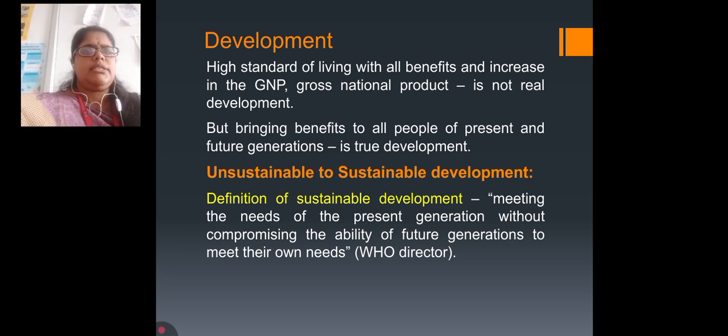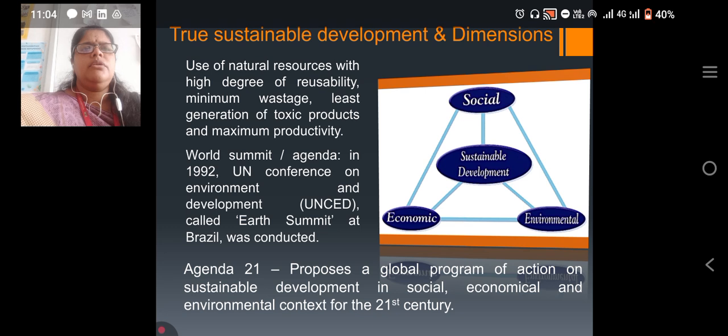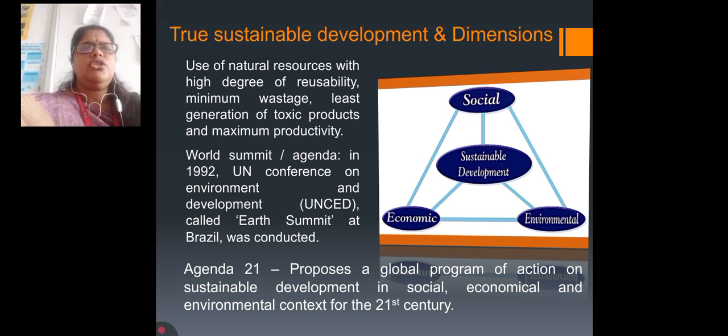So, what is unsustainable to sustainable development? Meeting the needs of the present generation without compromising the ability of the future generation to meet their own needs. This was given by WHO. What is true sustainable development is the use of natural resources with a high degree of reusability.